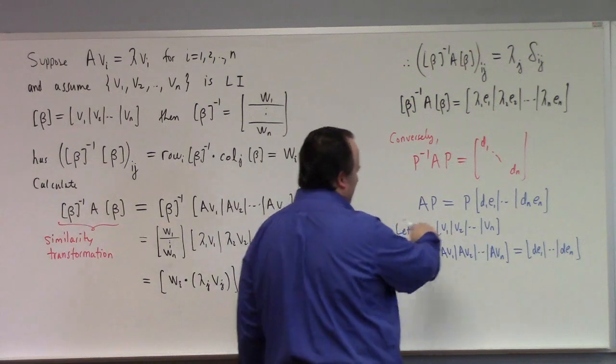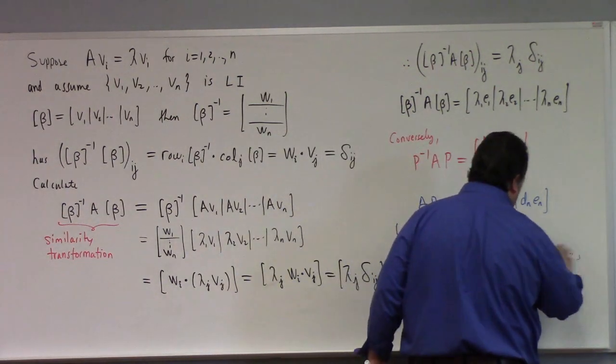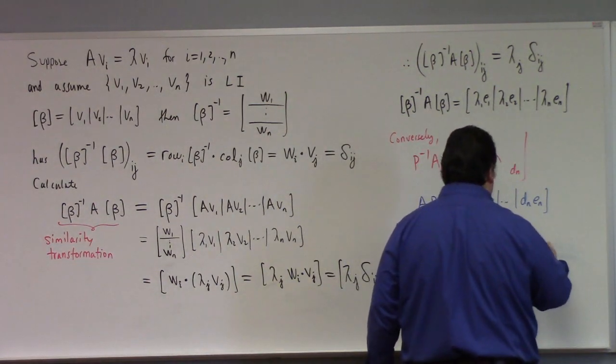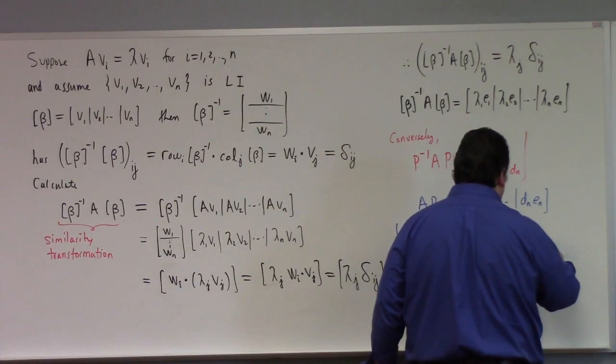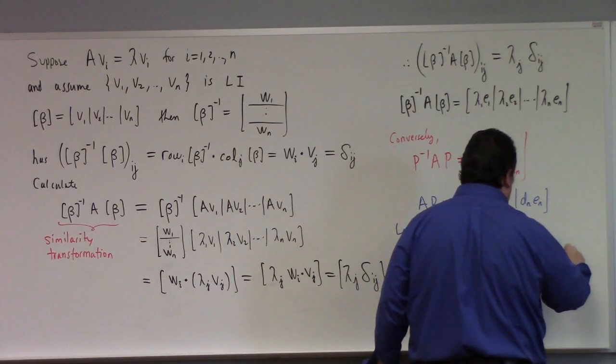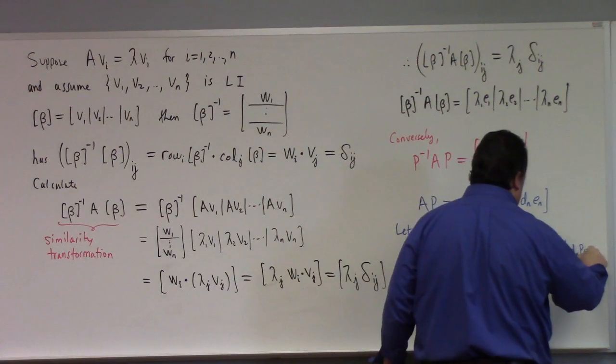I have to multiply the P through over there too, right? I've got D1 PE1, through Dn PEn.